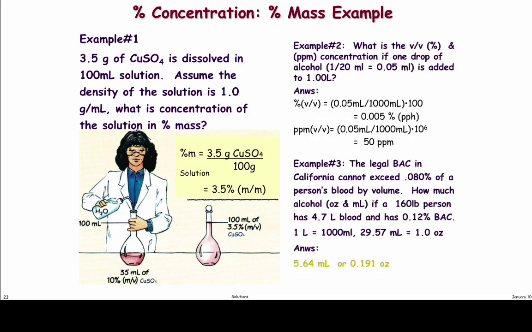That number comes out to 5.64 milliliters, or if you use the conversion factor that every 29.57 milliliters is 1 ounce, that comes out to 0.191 ounce. Let me write that down and show you that calculation. We have 29.57 milliliters equals 1 ounce.